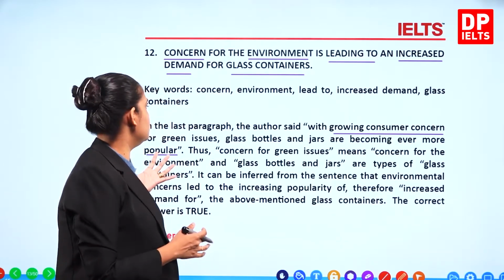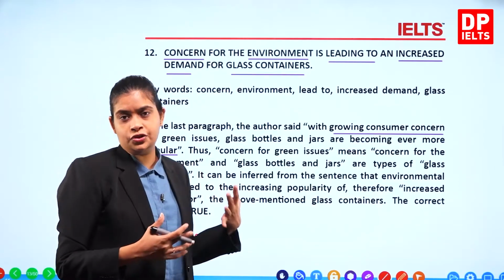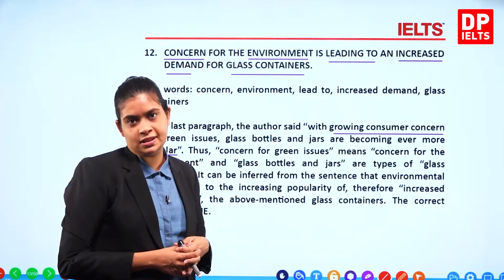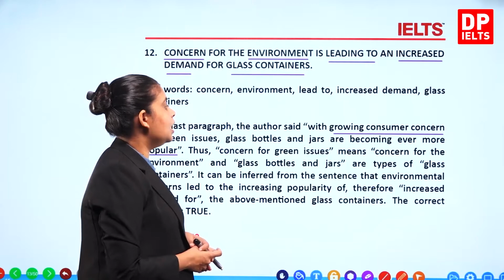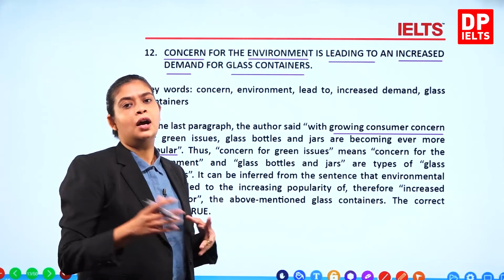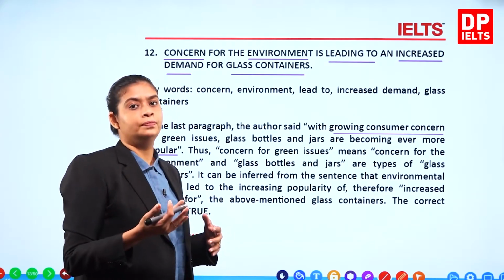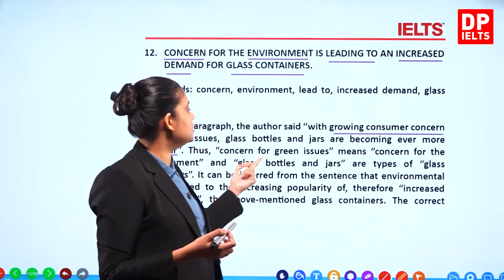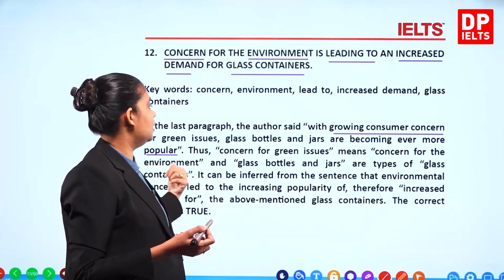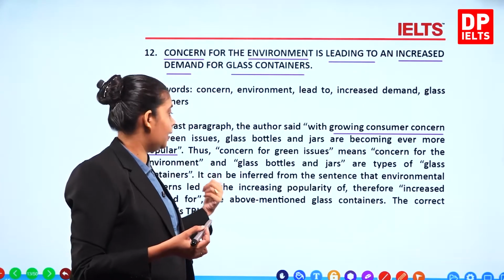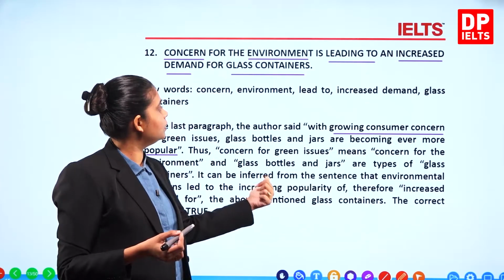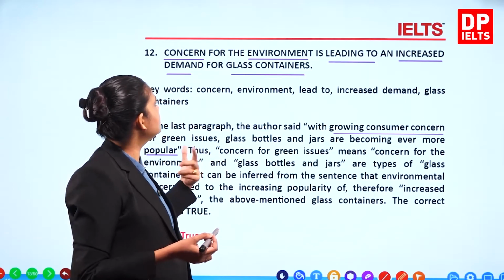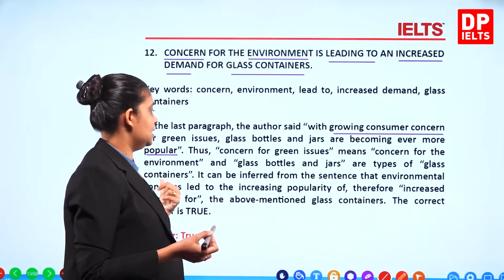Because the consumer wants to talk about the green issues, environmentally friendly policies, the demand for glass bottles and jars is becoming more and more, right? So when we say concern for green issues, it means about the environment, okay? When we say glass bottles and jars, it means different types of glass containers.